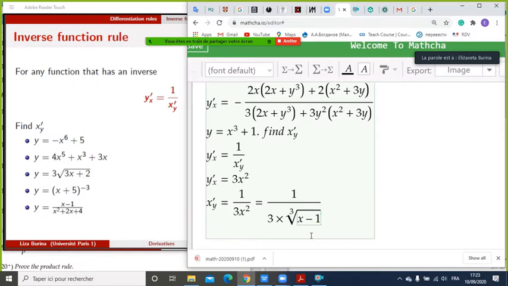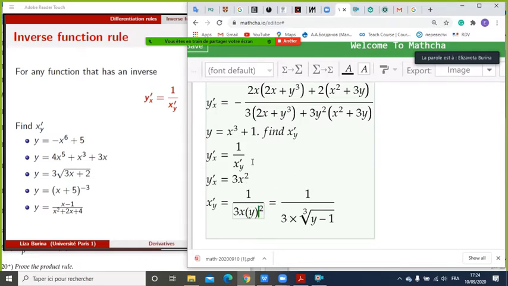Okay, so when I write this x here, I mean the function. So this x is technically a function of y.